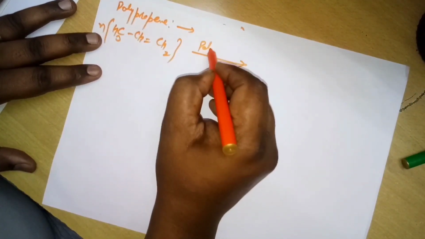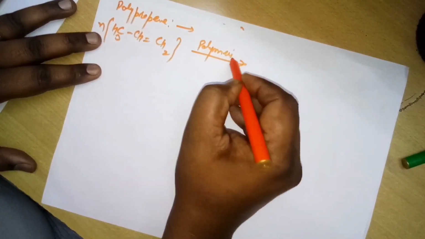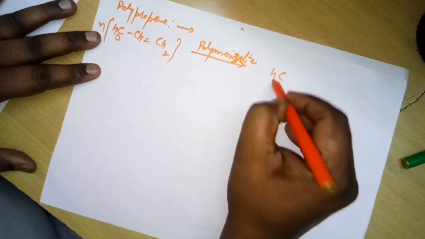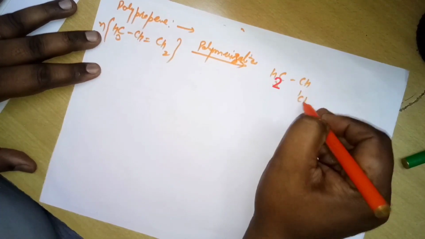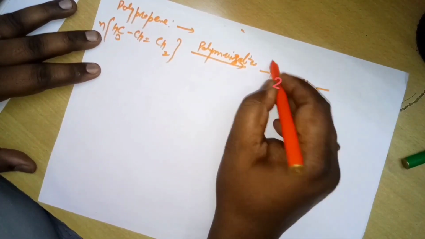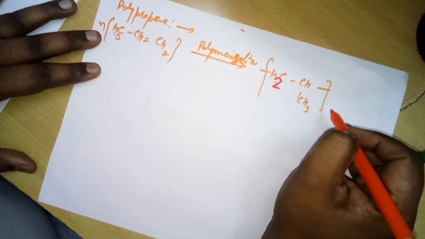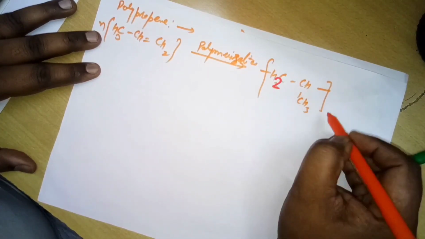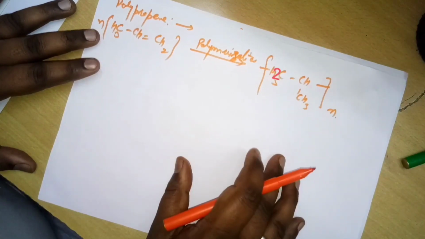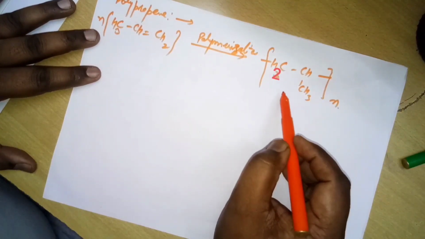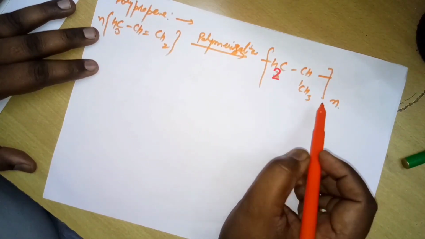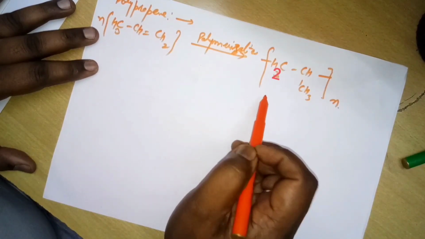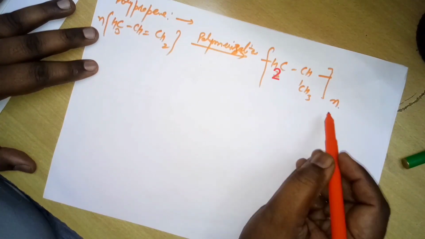These molecules undergo polymerization and we get polypropylene. Polypropylene is used in the manufacture of carpet fibers, ropes, stronger pipes, toys and bottles.